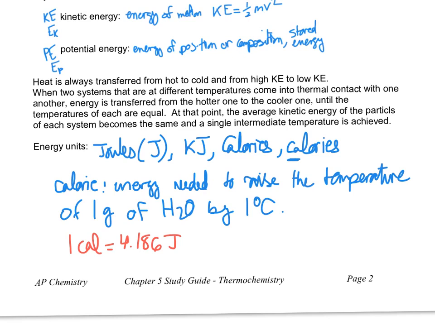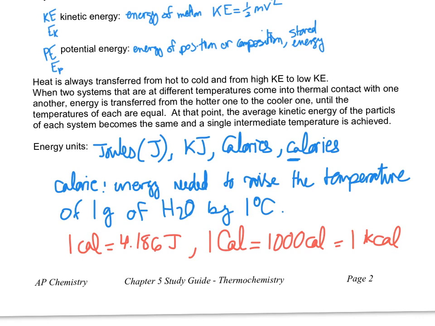Now, if you look at your snacks or foods that you buy, and they have the nutritional values on the back, the calories there are always listed as big calories. So 1 big calorie is equal to 1,000 little calories, or you can say it's a kilocalorie.